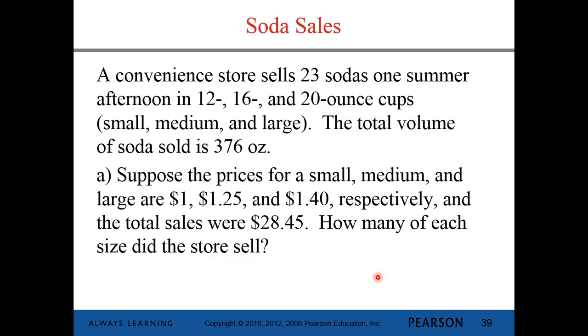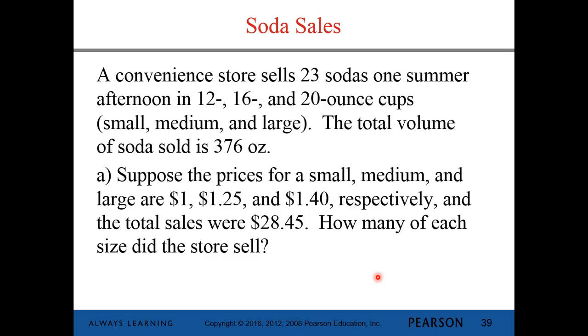Okay. Now also suppose that small, medium, large have different costs, right? Small is $1, medium is $1.25, and the large is $1.40. And so we also know that $28.45 in total sales was earned off of those 23 sodas.